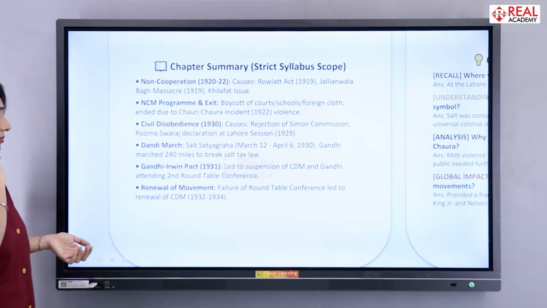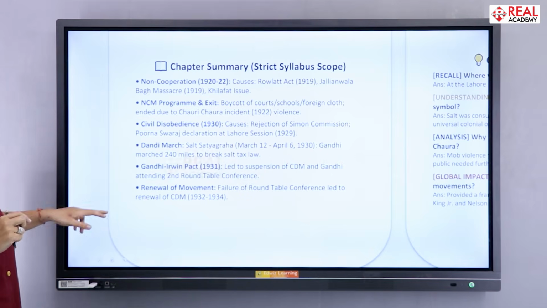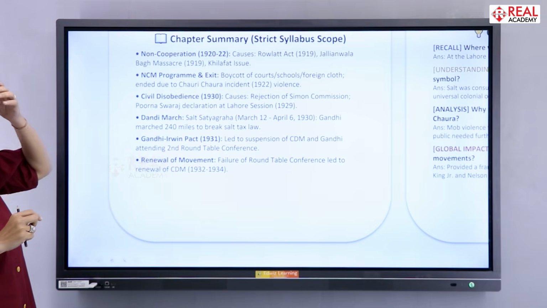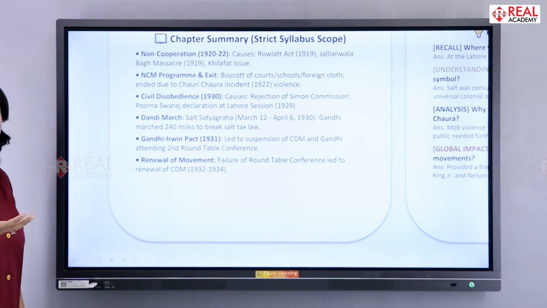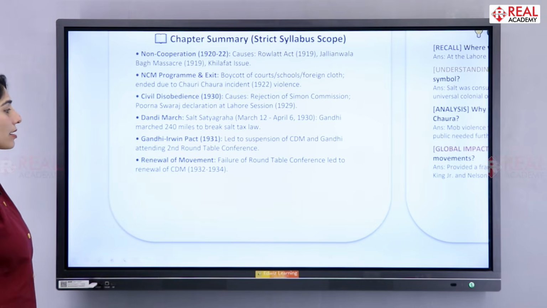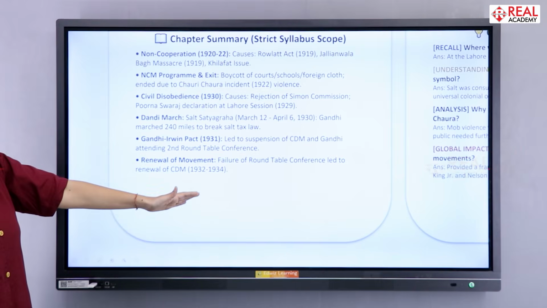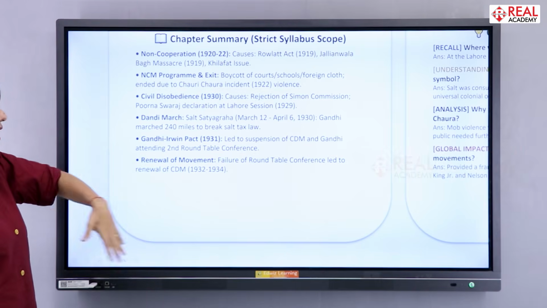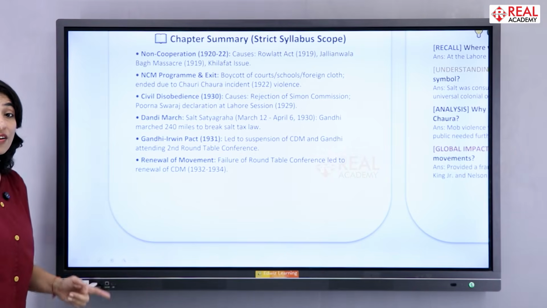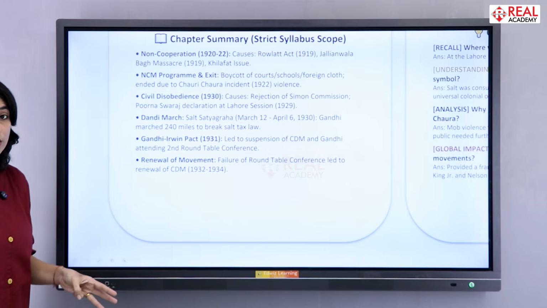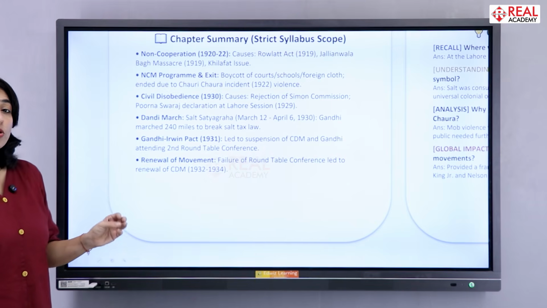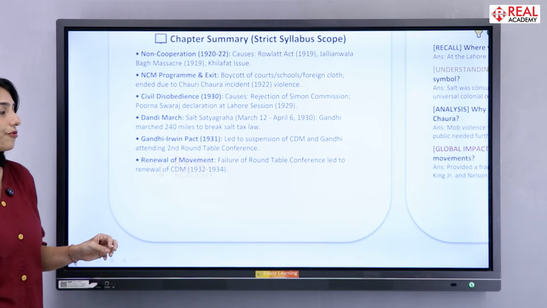Then the Gandhi-Irwin Pact that we all know about, where Gandhi was bound to go to the second roundtable conference. So we talk about the second roundtable conference in connection to it. As per your syllabus, you do not have the first and the third roundtable conference. You are only to know the second roundtable conference.